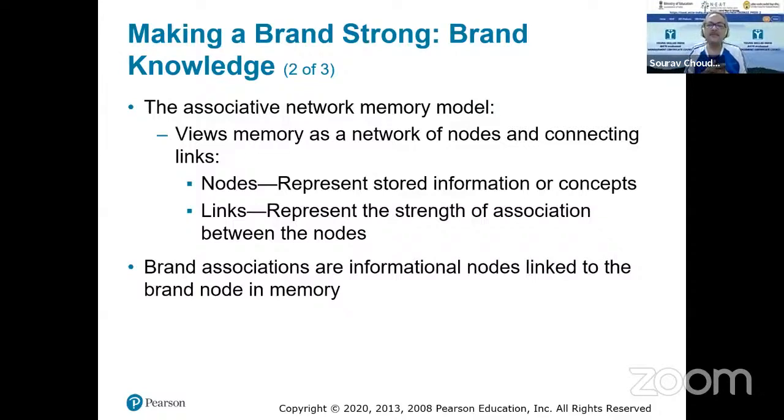Brand associations are informational nodes linked to the brand node. So all the information का neuron एक जगह पे आपको जब meet होता है, that's called the brand node. एक ब्रांड का सारा इंफॉर्मेशन, सारा एसोसिएशन इंफॉर्मेशन जो collect होके जहां पर आते हैं, that's called the brand node. And the stronger that is, that will create a more stronger memory.